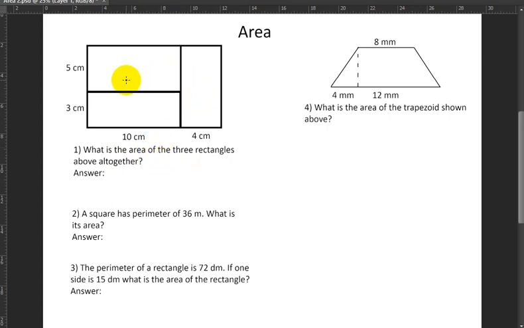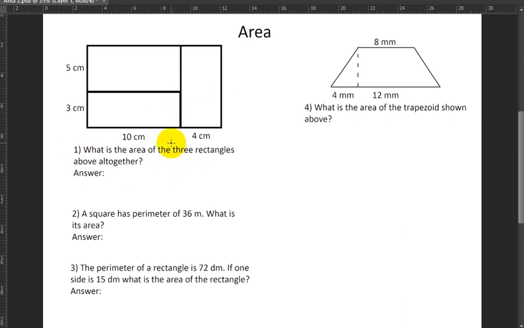Okay, so there are two ways of going about this. One is the long and hard way, and the other is the really fast and easy way. The long and hard way would be to find the area of each of these rectangles separately and then add them all together.